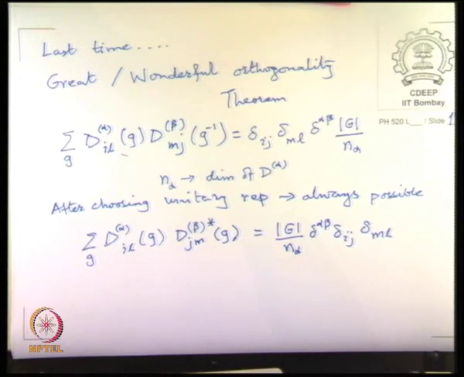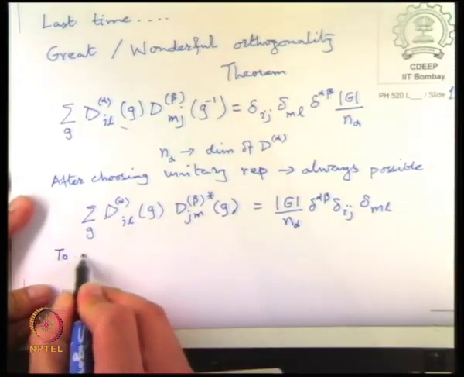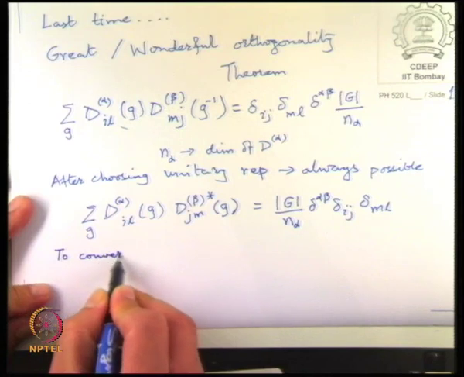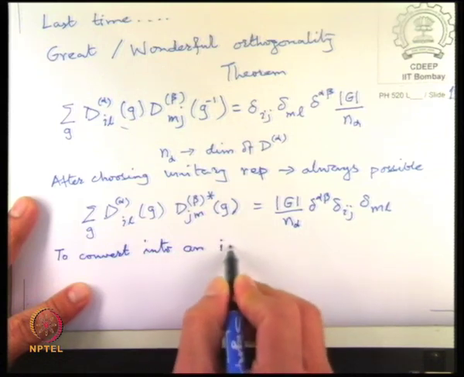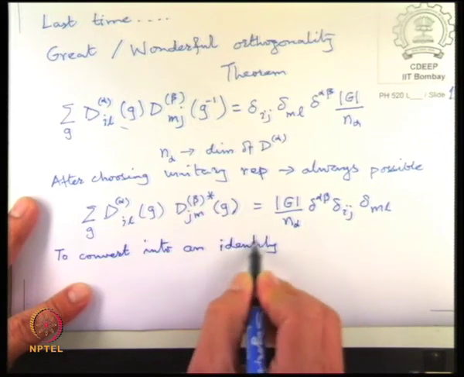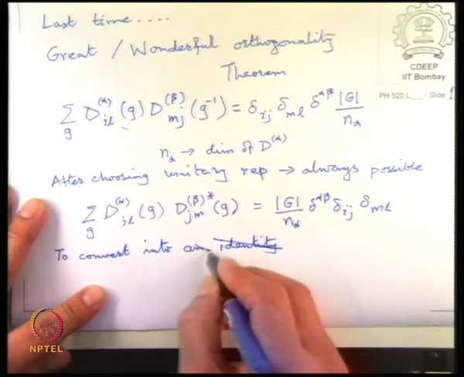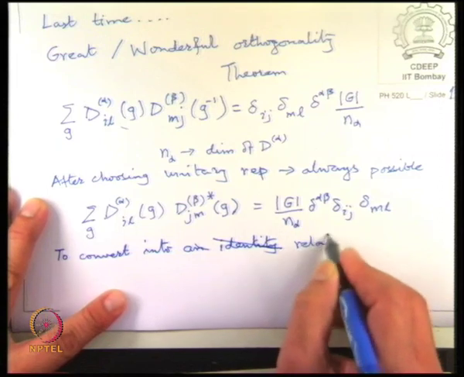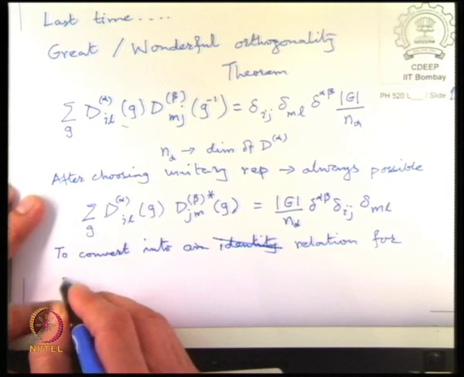So this is for the matrices themselves, all the representation matrices, but we can now convert it into an identity, or rather a formula, for characters.